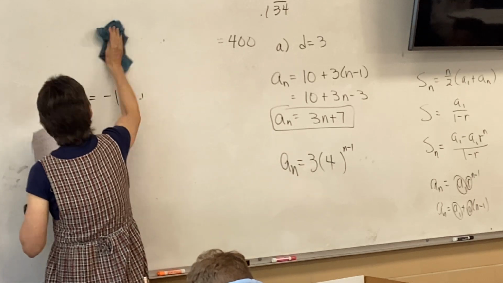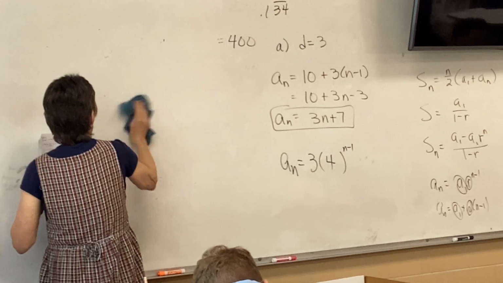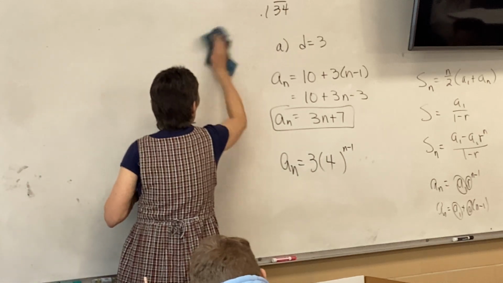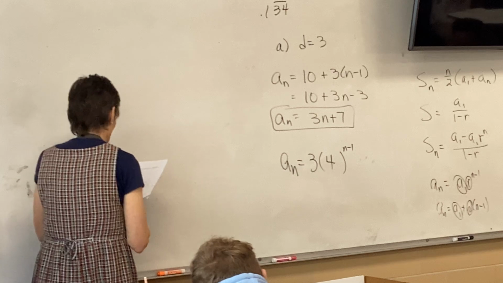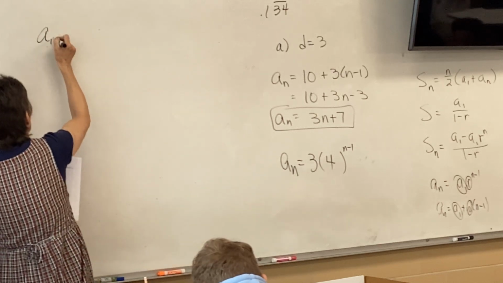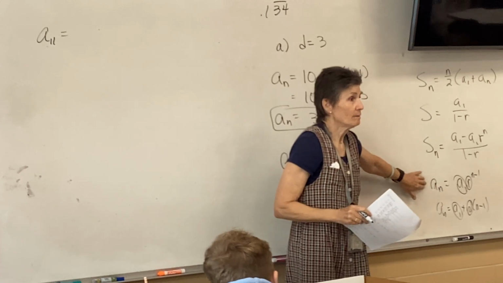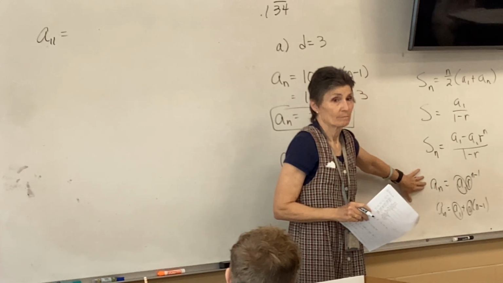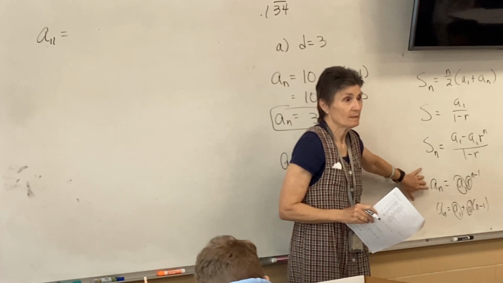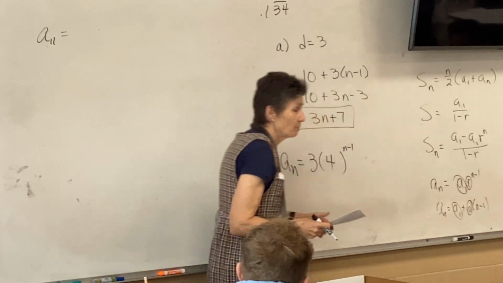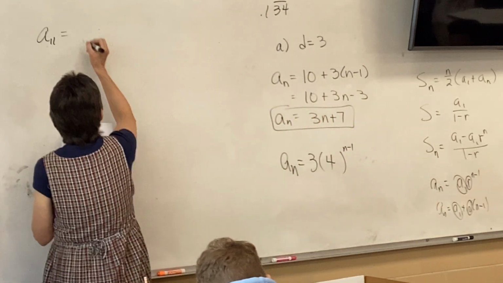Arithmetic or geometric? Problem 2A. Geometric, what's the ratio? 3? So I know I am going to be using this formula. Would everyone agree? And I'm just gonna plug my stuff in. So the first term is 1.